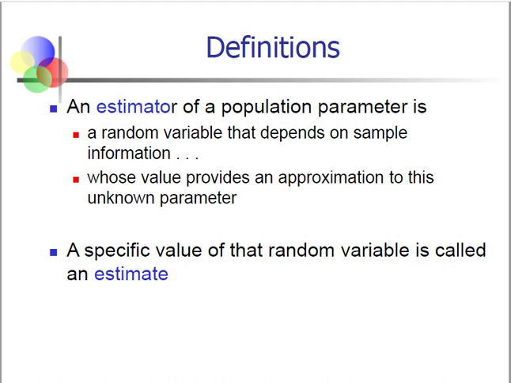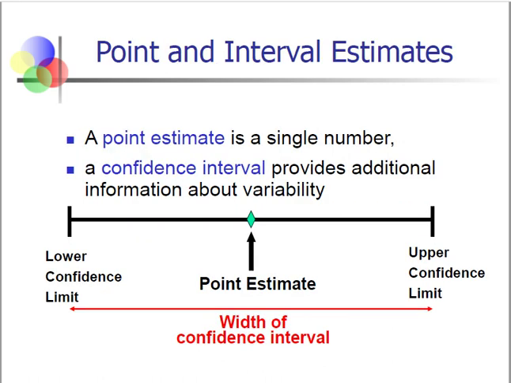Okay, an estimator of a population parameter is just a random variable that depends on sample information. So the value of that random variable that you're using to estimate is what we call an estimate. Okay.